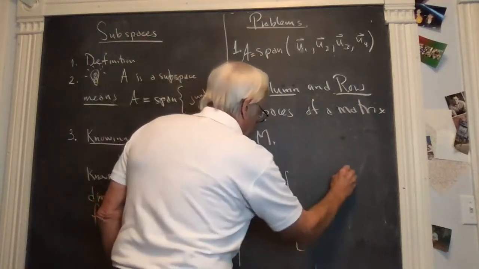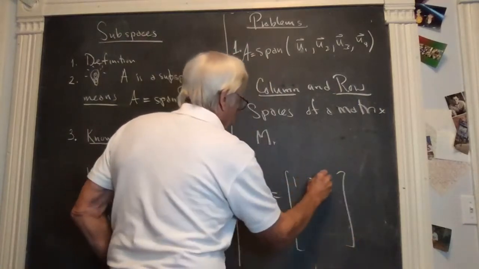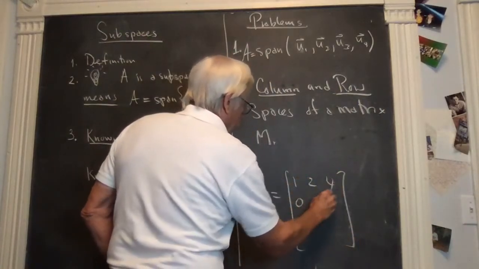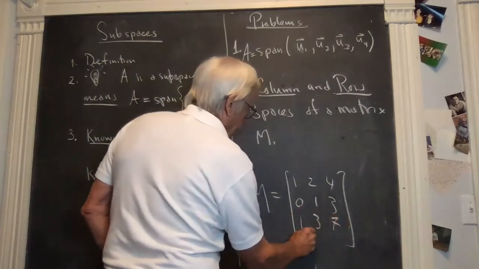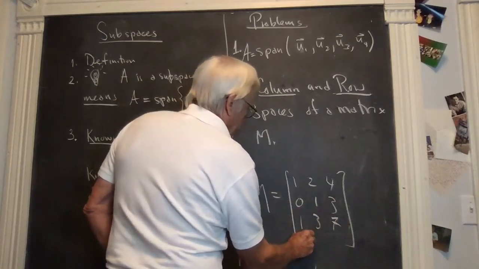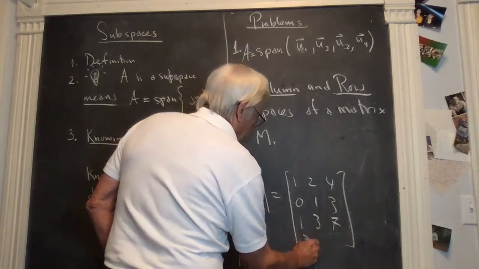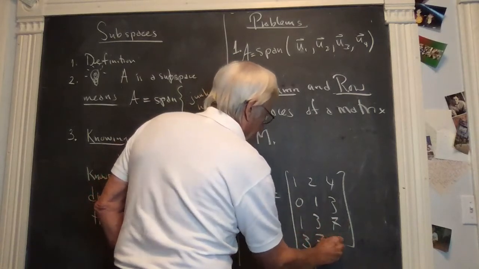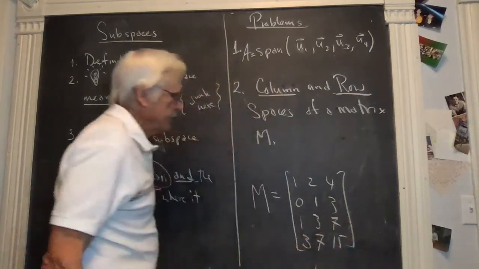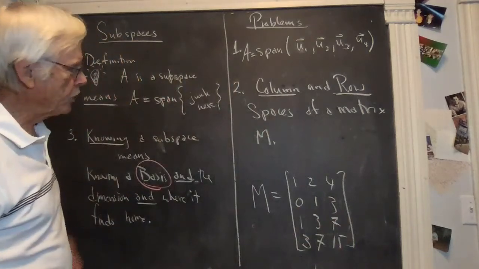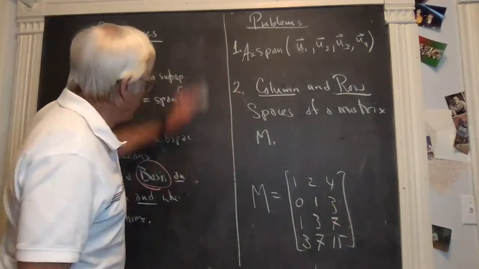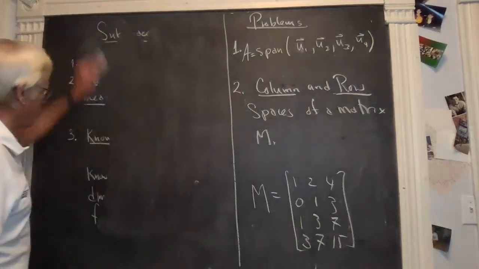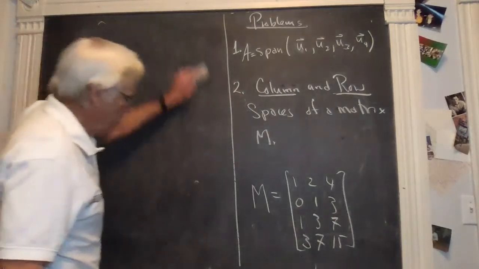Suppose you take M to be this matrix, 1, 2, 4, 0, 1, 3, 1, 3, 7, and 3, 7, 15. So we look at this matrix and we ask for the column space and the row space for this matrix. What are they? They work the same.